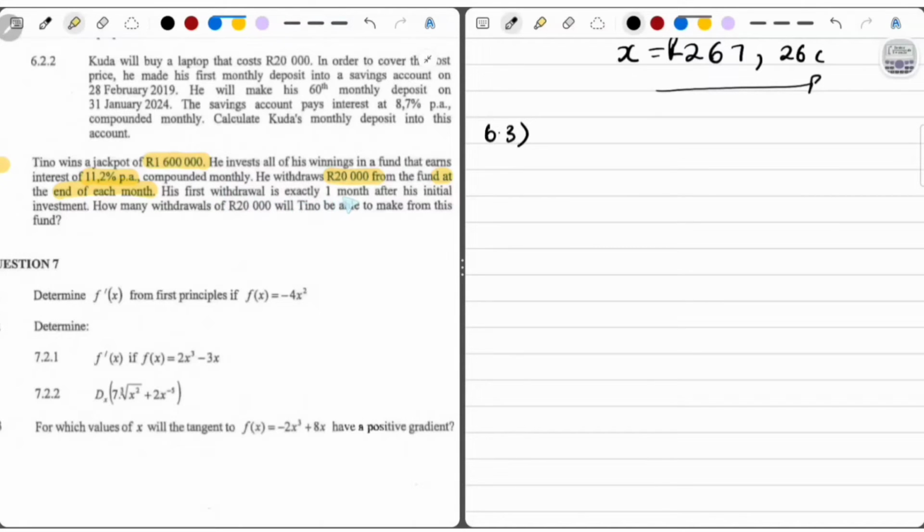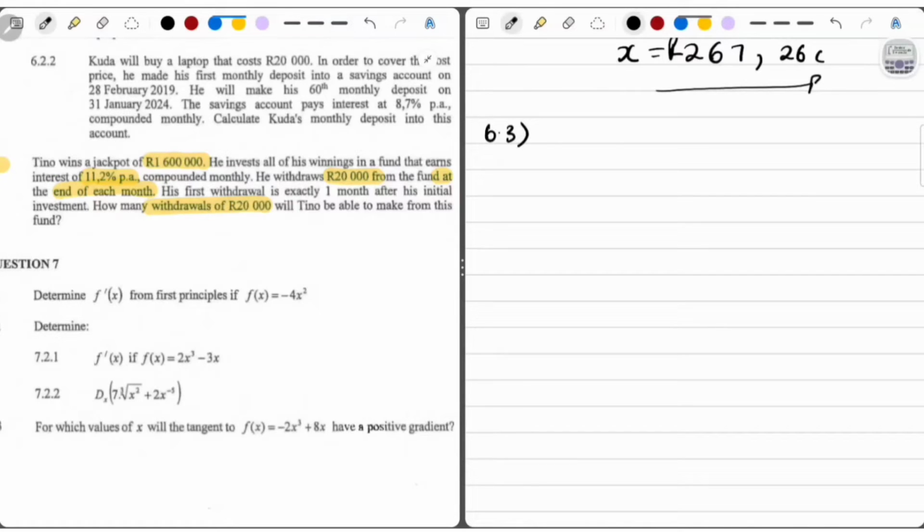His first withdrawal is exactly 1 month after his initial investment. That's normal. And so the question is, how many withdrawals of 20,000 Rand will Tino be able to make from this fund?